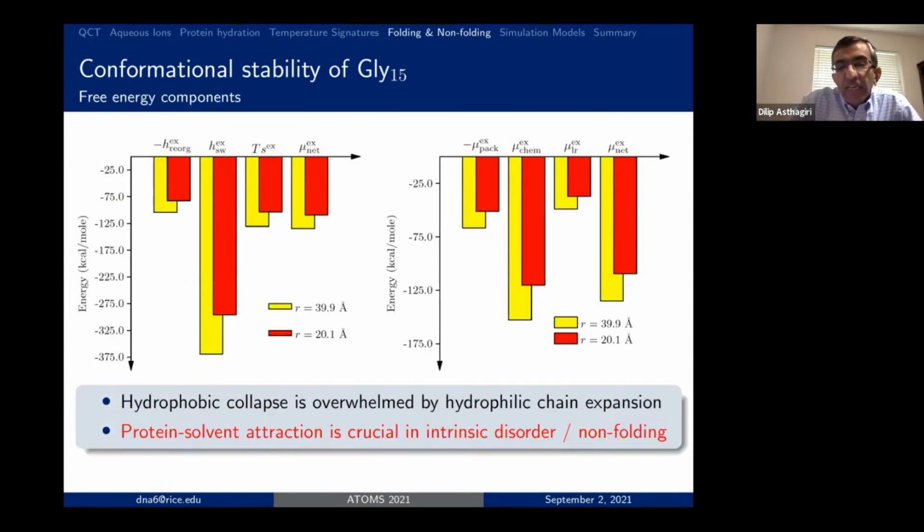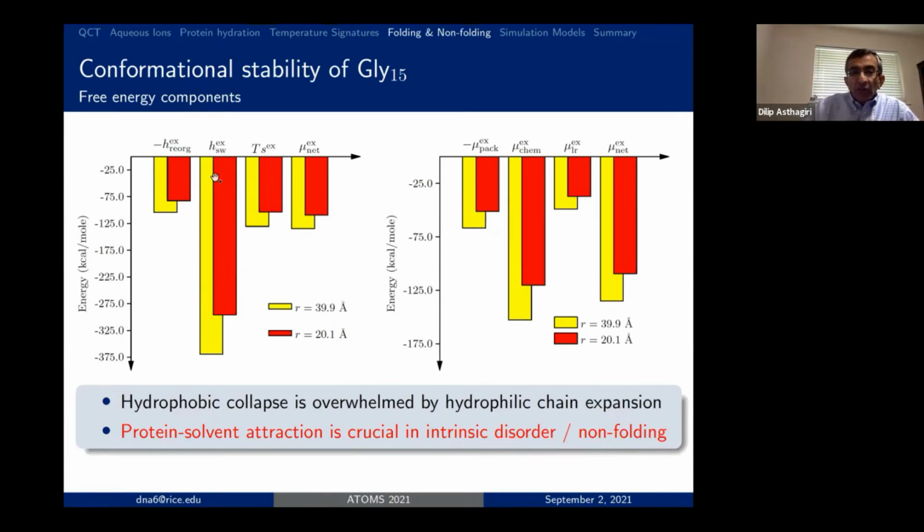So now we can look at the different contributions to the free energy. On the left-hand panel, I'm showing the enthalpy and entropy contributions. What you find is that the solvent-solute attraction far dominates anything else you see in the system. That is exactly what is driving the unfolding of the chain.